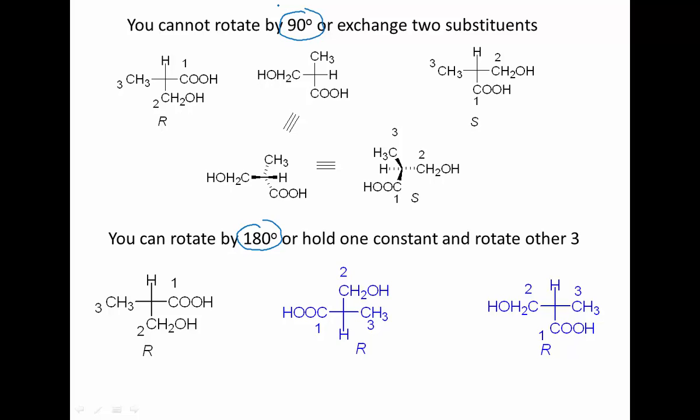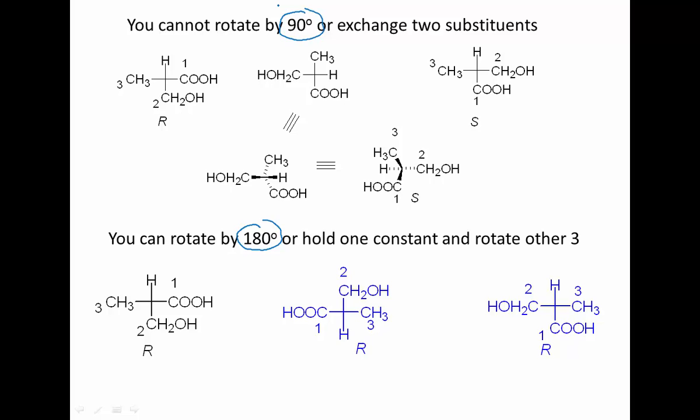You screw it up totally when you do 90, but when you do another 90, you screw up the screwed up one, so it's back to where it was in the beginning. Two wrongs have made a right in this case. That's why you can rotate by 180 degrees.